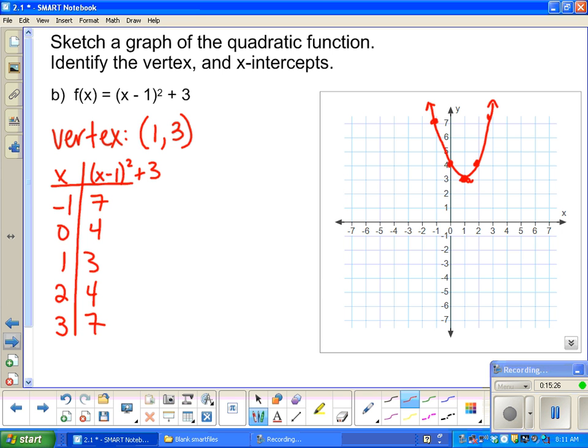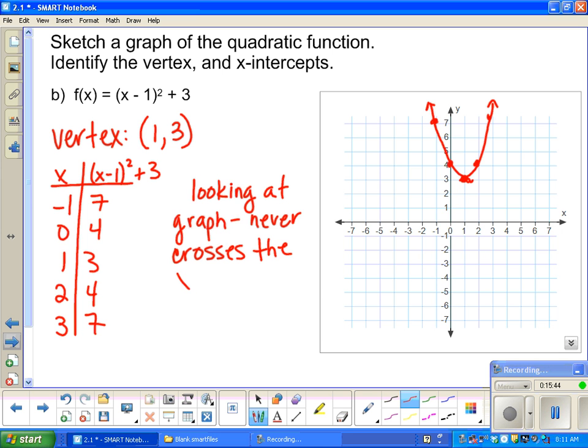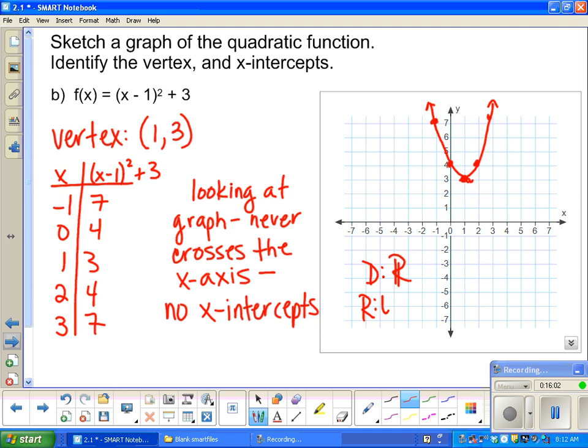Okay, so now just looking at the graph, it never crosses the x-axis, so there are no x-intercepts. Our domain of this function would be all real numbers, and our range will be y greater than or equal to 3, the lowest y value.